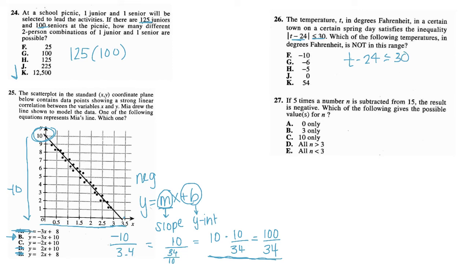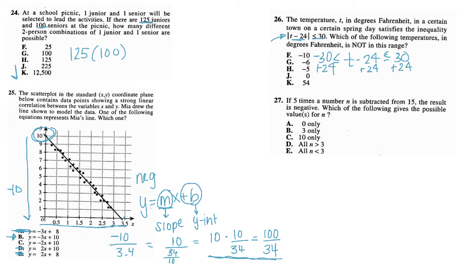But since I'm taking the absolute value and I'm wanting something to stay between 30, then I have to consider the negative values, which are all of the other values that are bigger than negative 30. And to find the range here, I'm just going to add 24 to both ends, because what we're trying to find is the range.